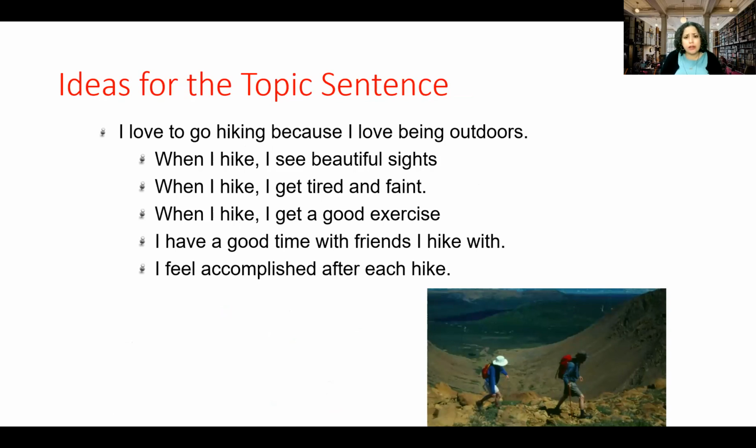When I hike, I get a good exercise. I have a good time with friends I hike with. I feel accomplished after each hike. Those are ideas. Which ones are going to be helpful? Well, these are just ideas. We haven't even started writing. We're just brainstorming the ideas to write the best topic sentence.